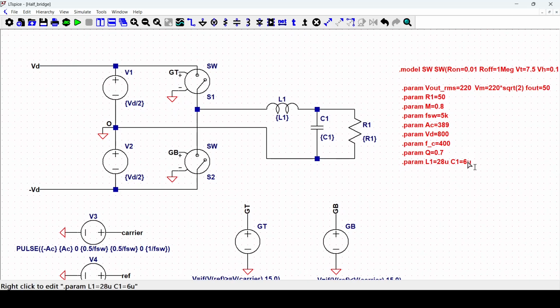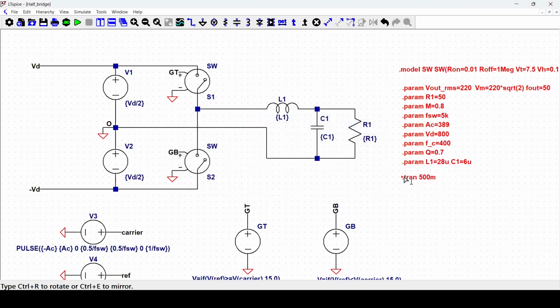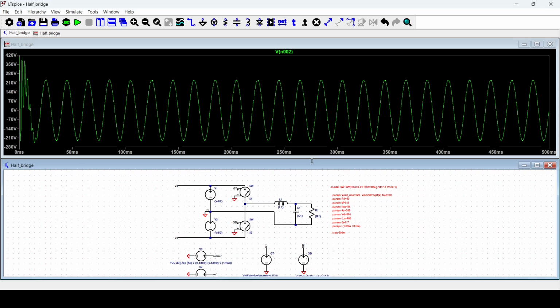So we can run the simulation with a transient directive. And so let's see if everything works. Okay, so I made a mistake for the capacitor value. It's just 6 millifarads, not microfarads. And this is the output voltage waveform.